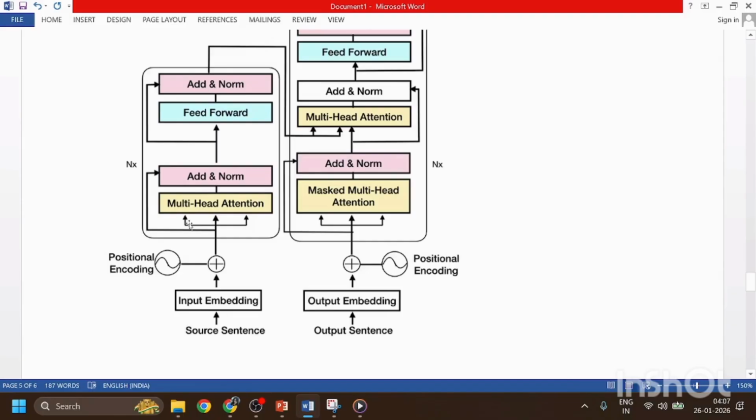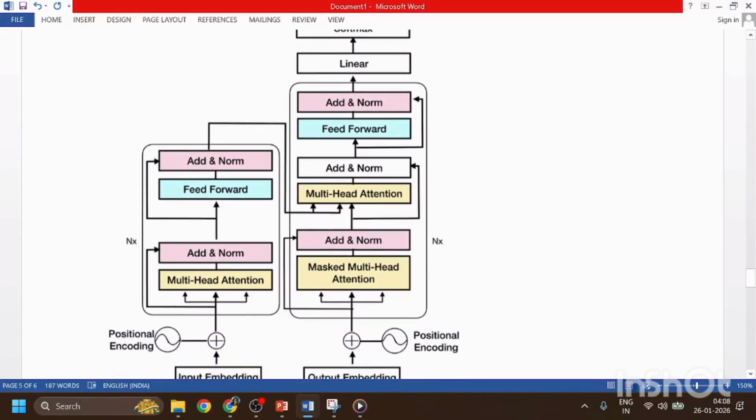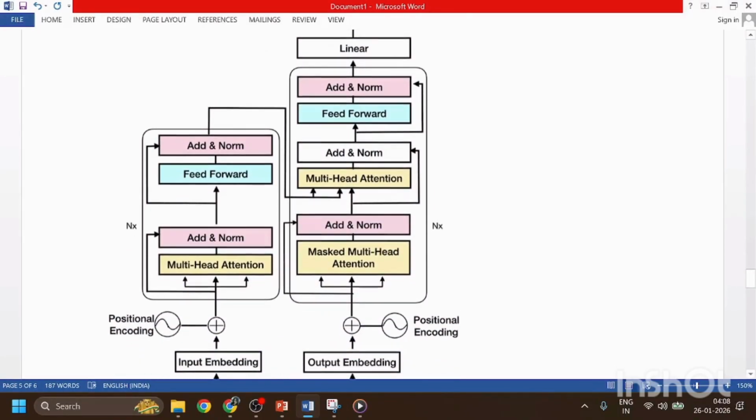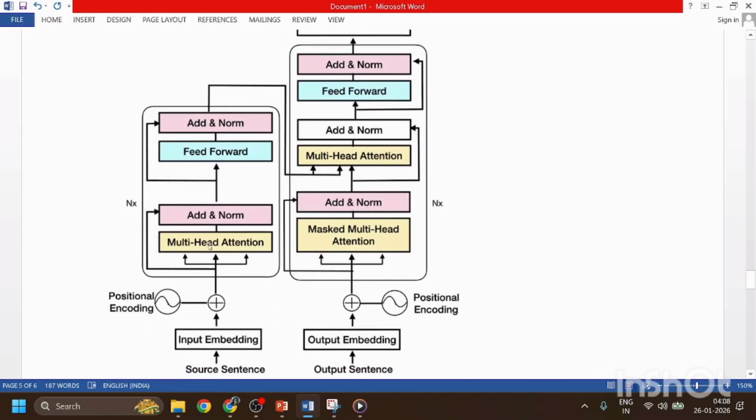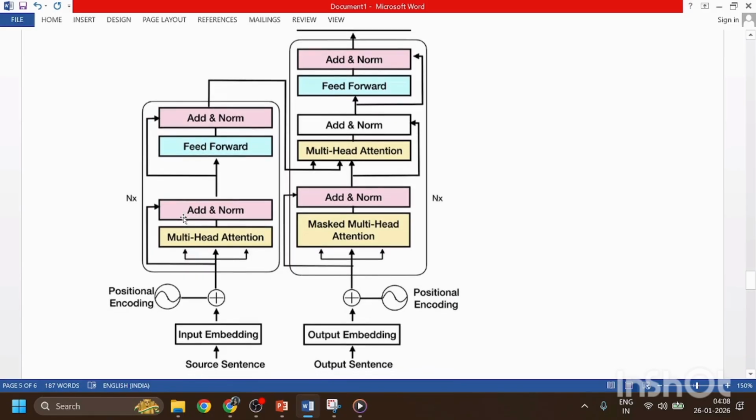This is one encoder. The output of one encoder layer becomes the input to the next encoder layer.